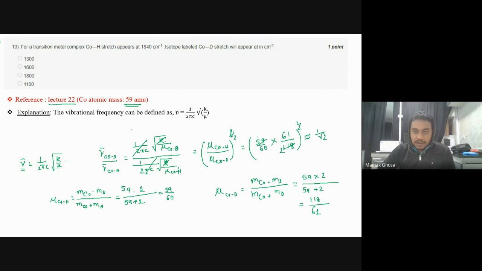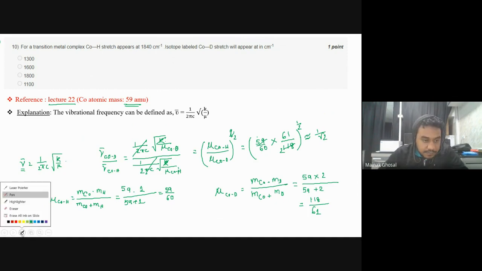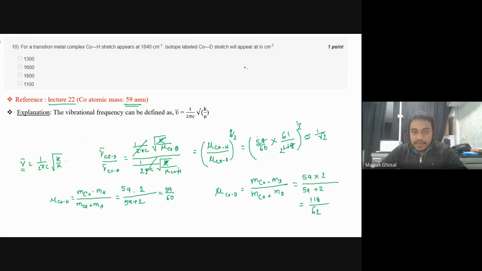Now I am getting to the main equation. The final equation is nu bar COD by nu bar COH equals 1 by root 2. So nu bar COD will be nu bar COH by root 2.